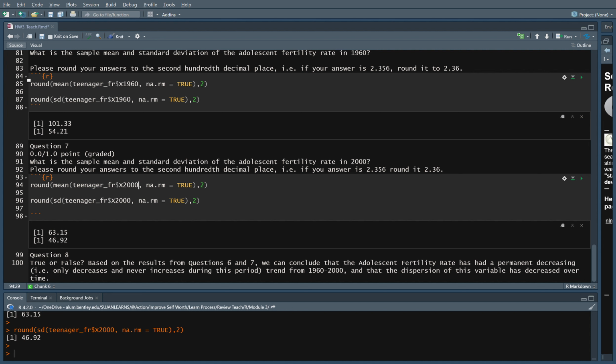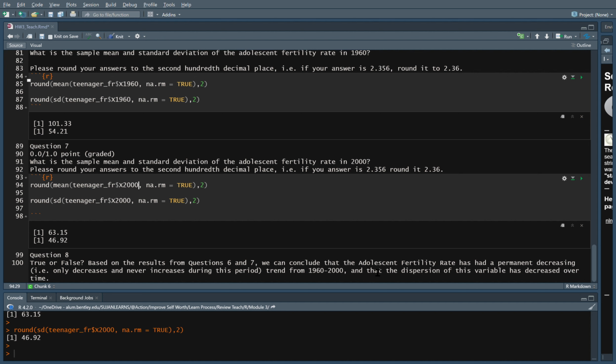Now, question number 8, true or false? Based on results from question 6 and 7, we can conclude that adolescent fertility rate has had a permanent decreasing trend from 1960 to 2000, and that dispersion of this variable has decreased over time. What do you think?